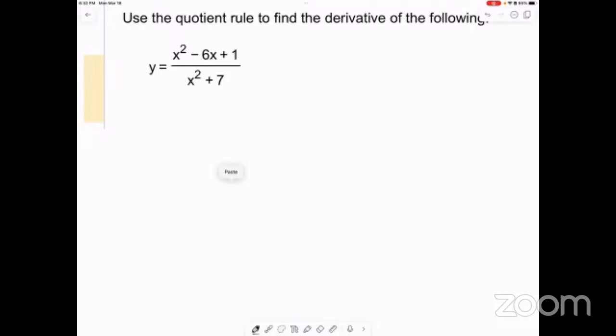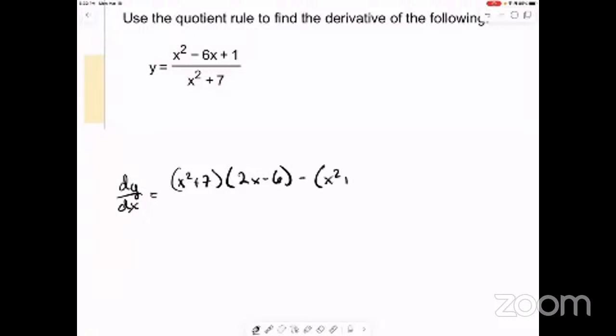So that's the bottom times the derivative of the top, minus the top times the derivative of the bottom, all over the bottom squared.